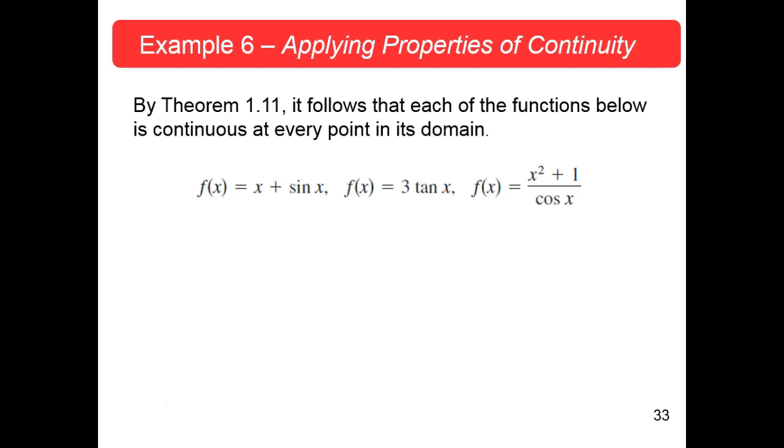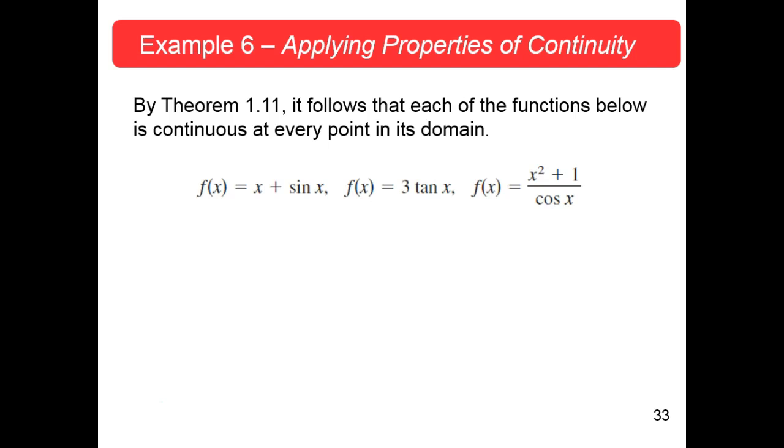That is a polynomial function, right? Sine x is a trig function. Both of those are there, and the sum of two continuous functions is a continuous function. And where would that be true? All real numbers, because polynomials are continuous at all real numbers, and sine and cosine are continuous at all real numbers. So the sum, the difference, the product, or the quotient of those, as long as the denominator is not 0, would be continuous.